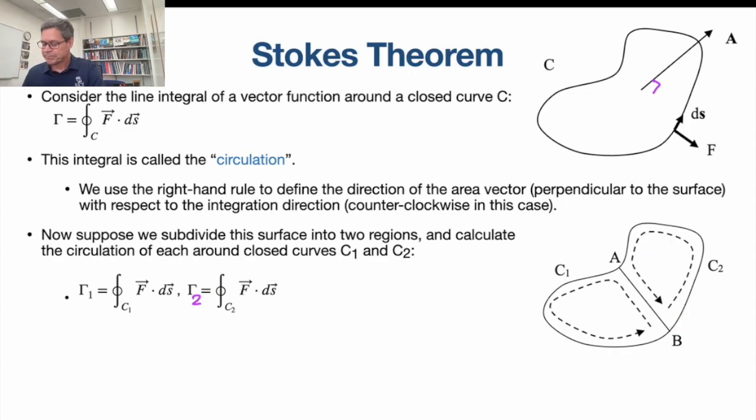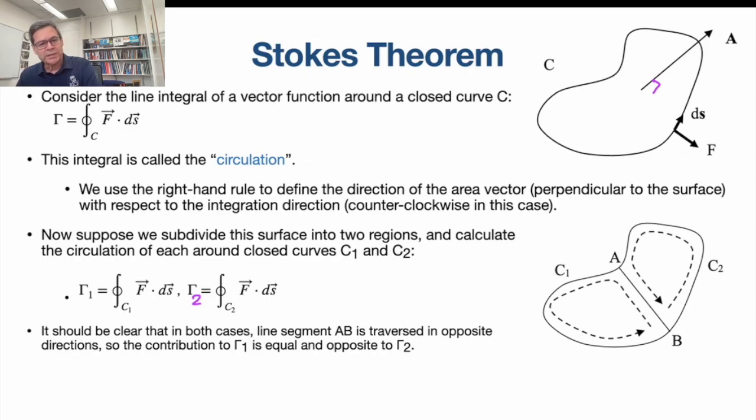Now, it should be clear that in both cases, this segment between A and B is traversed in both integrals. In one direction, let's take C2, we're going from the top down to the right. But in the integral for C1, when we go counterclockwise, we're going from the bottom up to the left. So they're traversing in different directions, right?